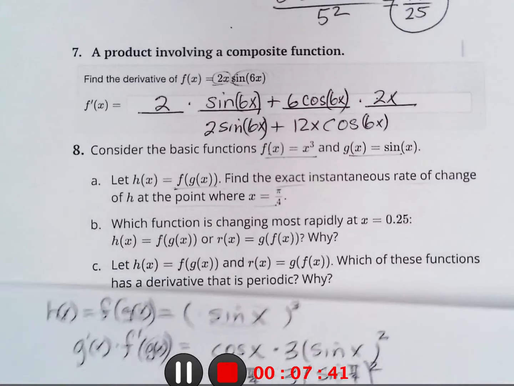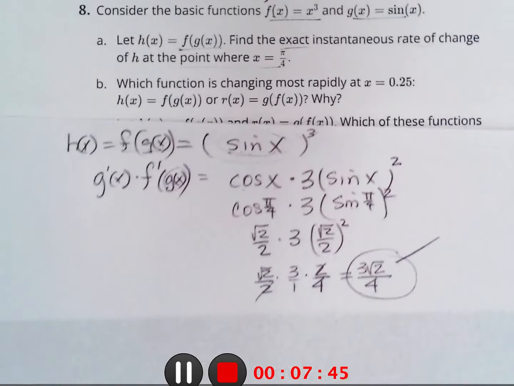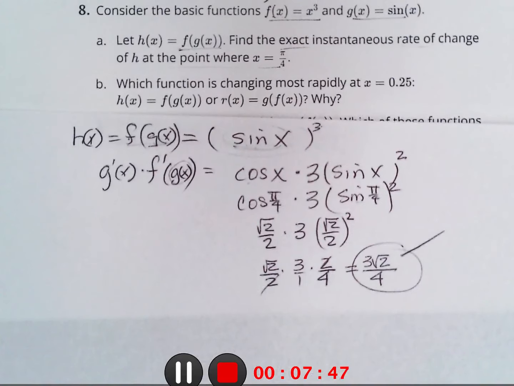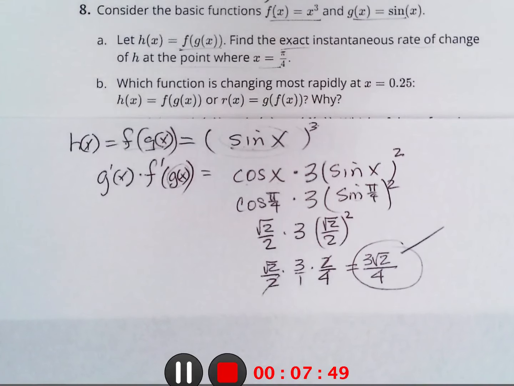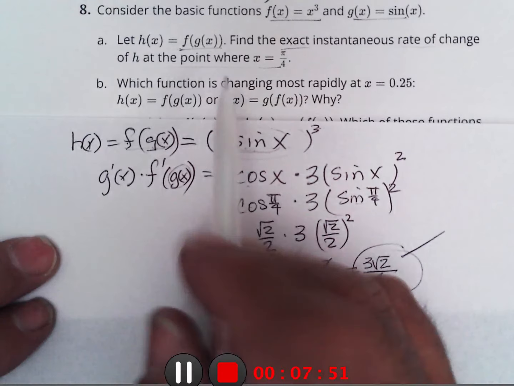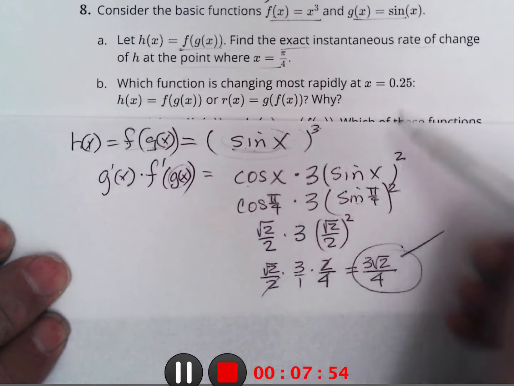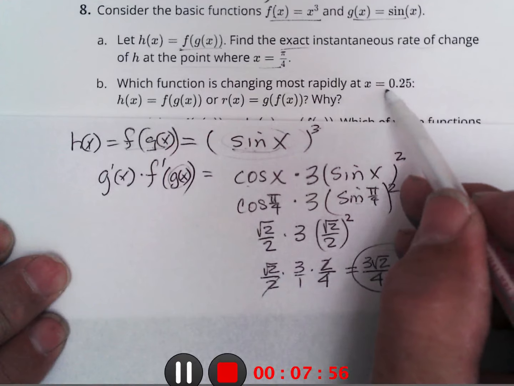All right, so move this up. B. Which function is changing most rapidly at x equal 0.25, at x equal a quarter?